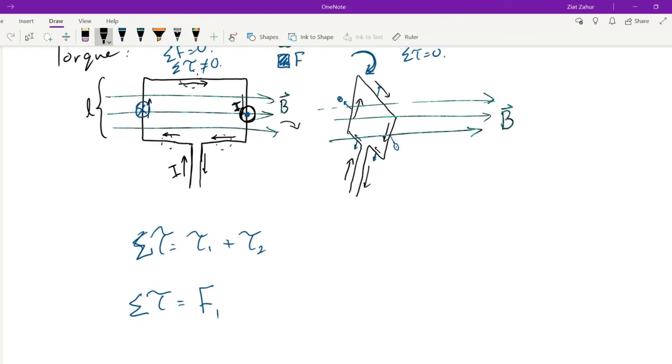So this would be L over 2, because it's in the middle. Center of mass. Alright, plus F2. Okay. Notice how they both are in the same direction. The right one is coming out, the left one is going in, therefore the torques are in the same direction. It forces it to turn the same way.